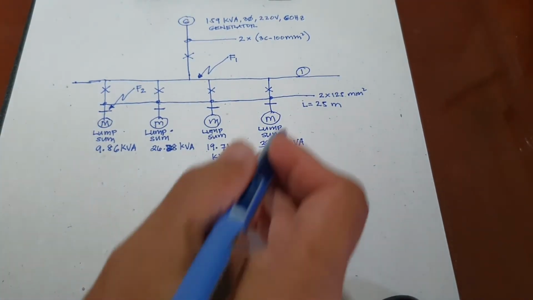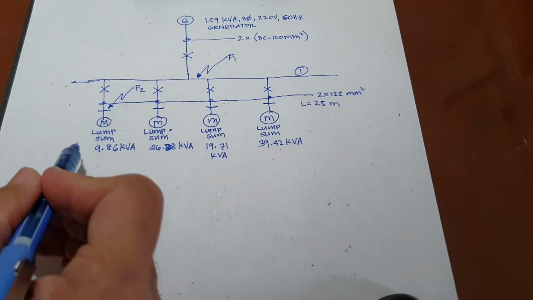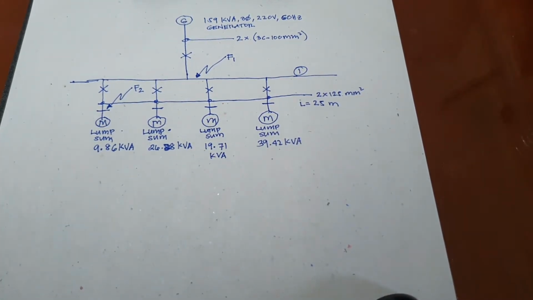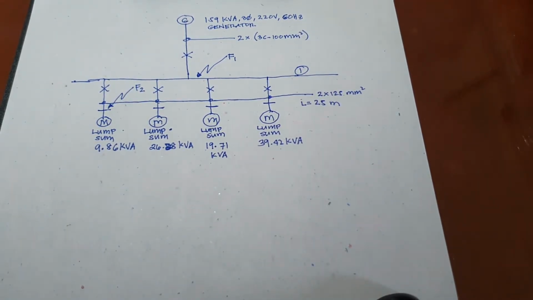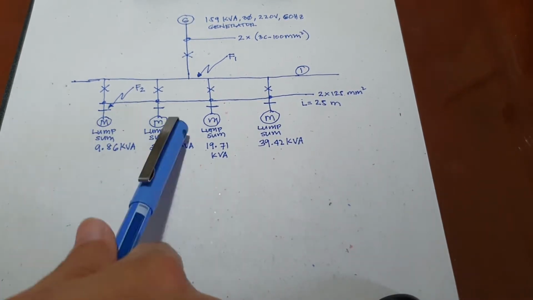So in this diagram I only show you the rotating machines or the motor loads only, because these are the only loads that can contribute to the fault current.